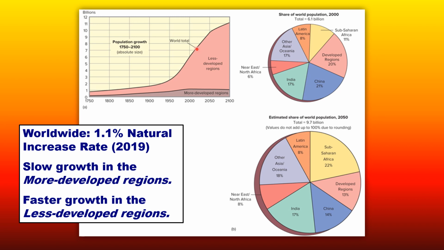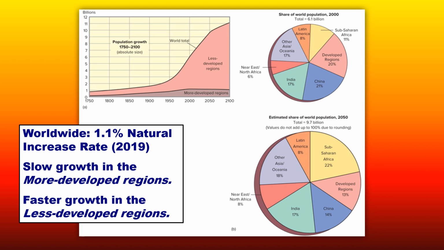And you'd probably have to say that we're still in a time period of human history of rapid population growth here at this point, even though it's projected that the human population, even though it's going to grow, will start to level off sometime in the future. I'm off of the chart here, but sometime in the future it is expected to level off, but at what number? All right, so this rate of growth, this is only at 1.1%.